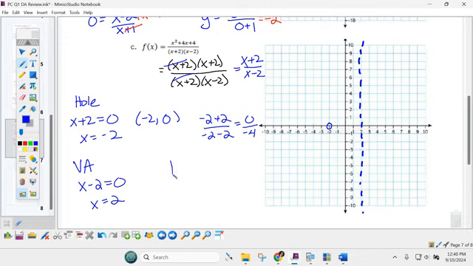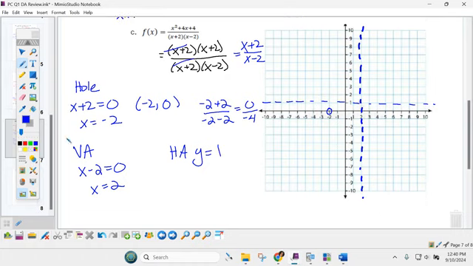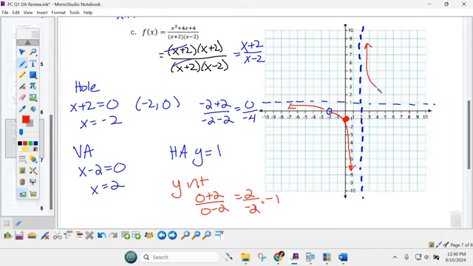Horizontal asymptote is going to be 1 again. I already have an x-intercept. It's a hole. The y-intercept is 2 over x. Oop. -1.